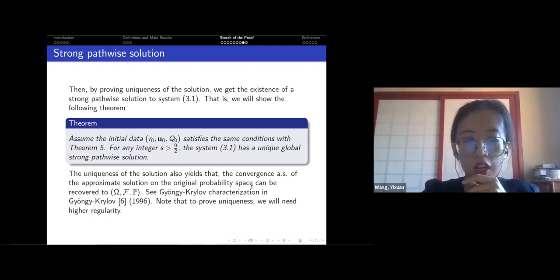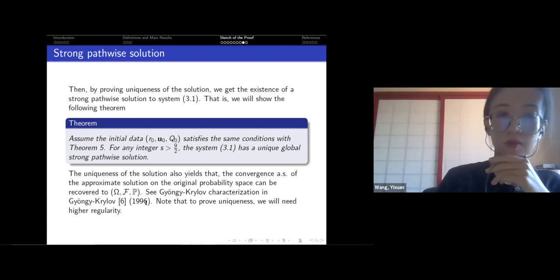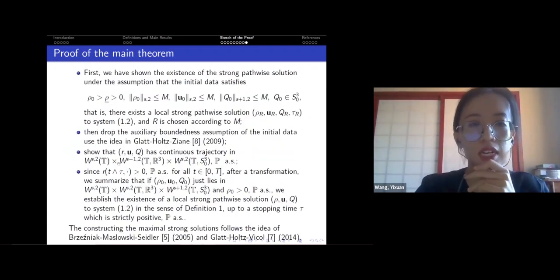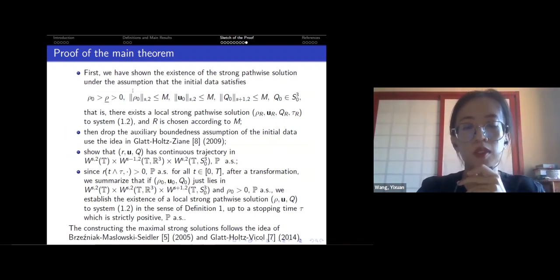Since we have proven this uniqueness, we can recover the existence of the solution on the original probability space, using the method that can be seen in this paper. Finally, that's our proof of the main theorem.